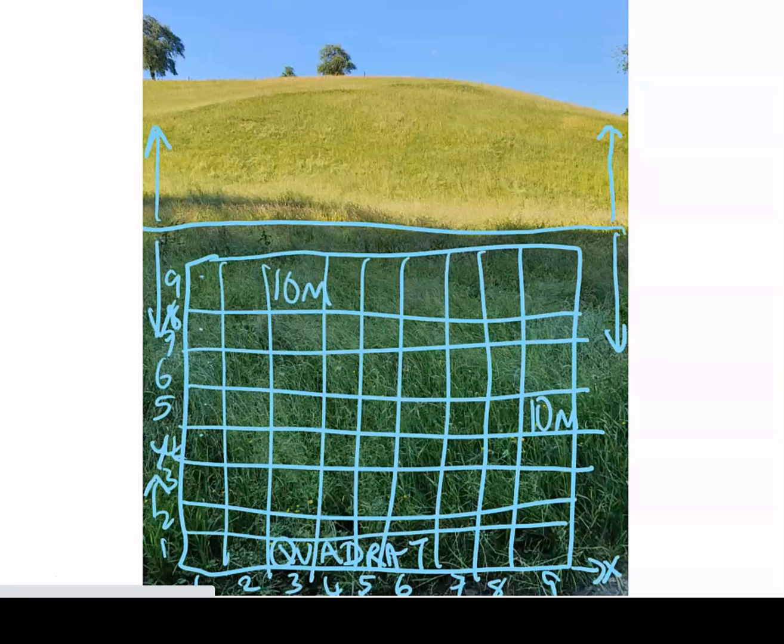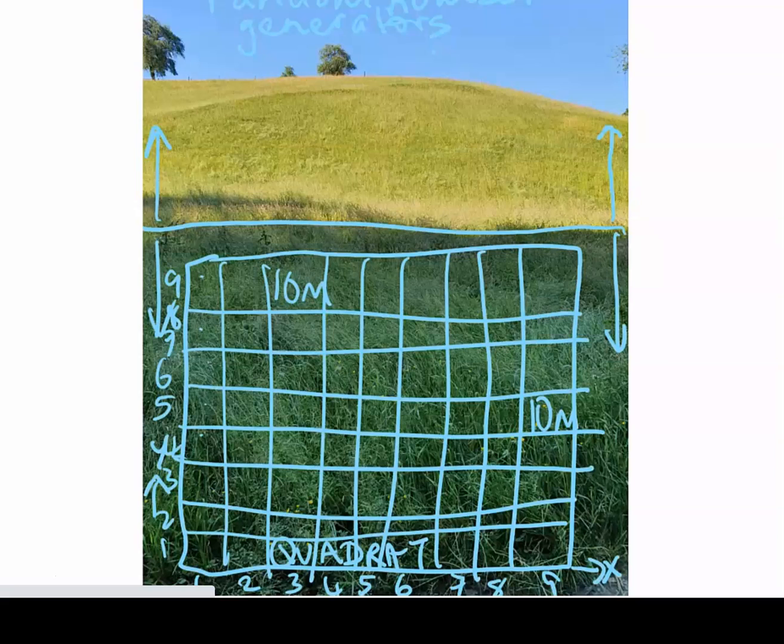And you can use random number generators. These are available on your calculator, but you can get grids of them where you work in pairs and you have your partner select a random number of coordinates.